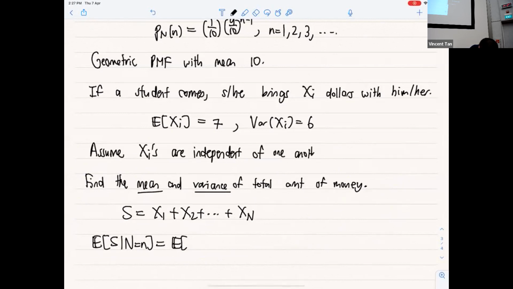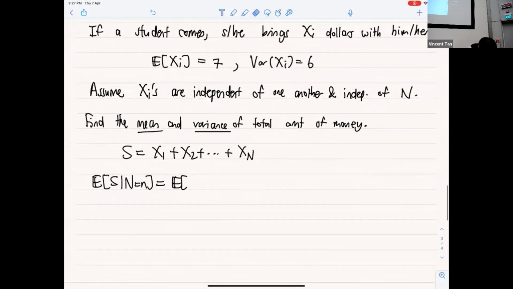So how much money Valencia brings is independent of how much money another student brings, and they're independent of one another and independent of the random variable representing the number of people who come to the lecture theater. So they are independent of one another and independent of N. Now we want to do this calculation, prepare these statistics.